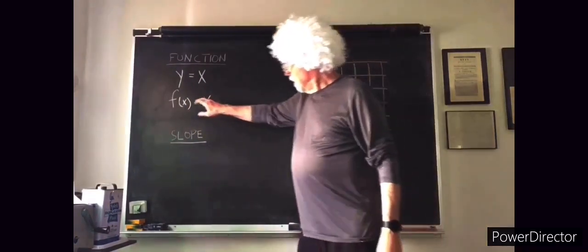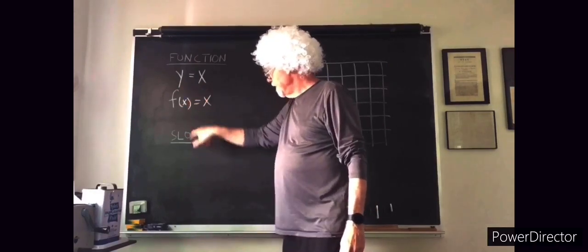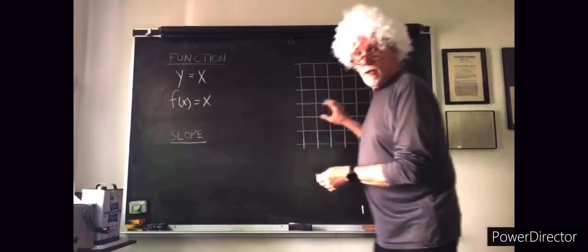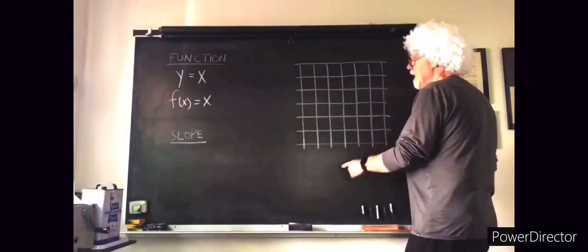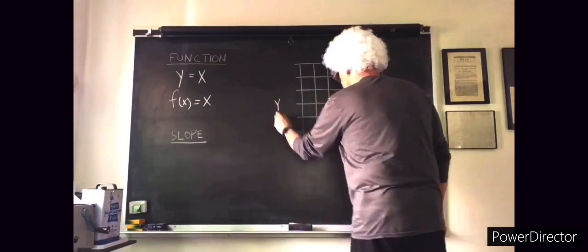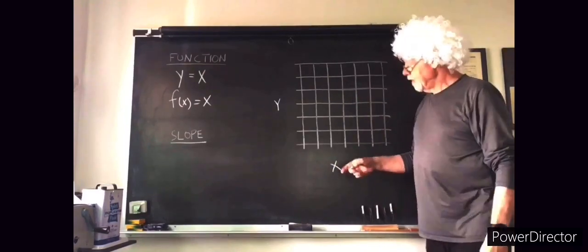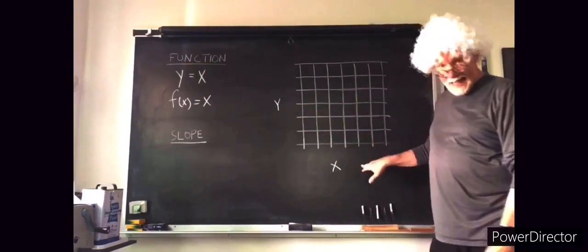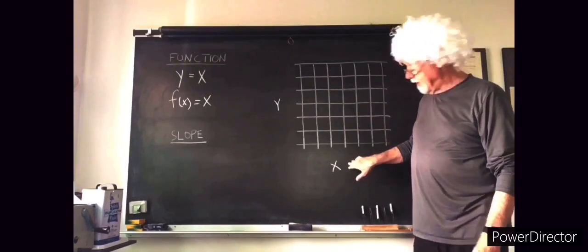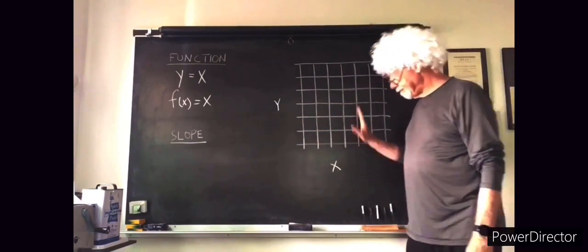Okay, so y equals x, the function is this right here. And I'm going to plot this on this little graph here, and y is going to be my vertical value, and x will be my horizontal value. So this is known as y versus x. X is the independent variable here, and y is depending on its value.